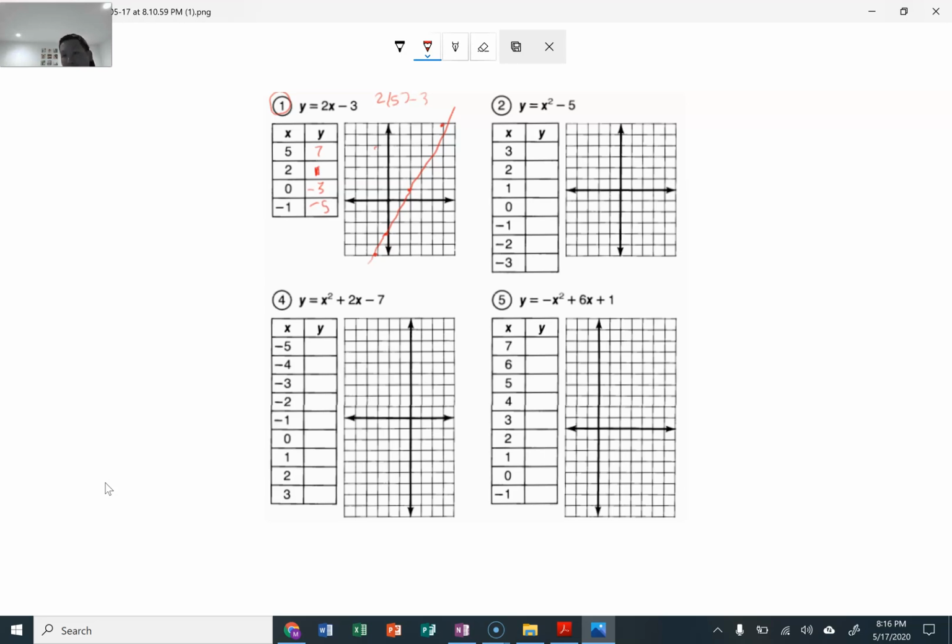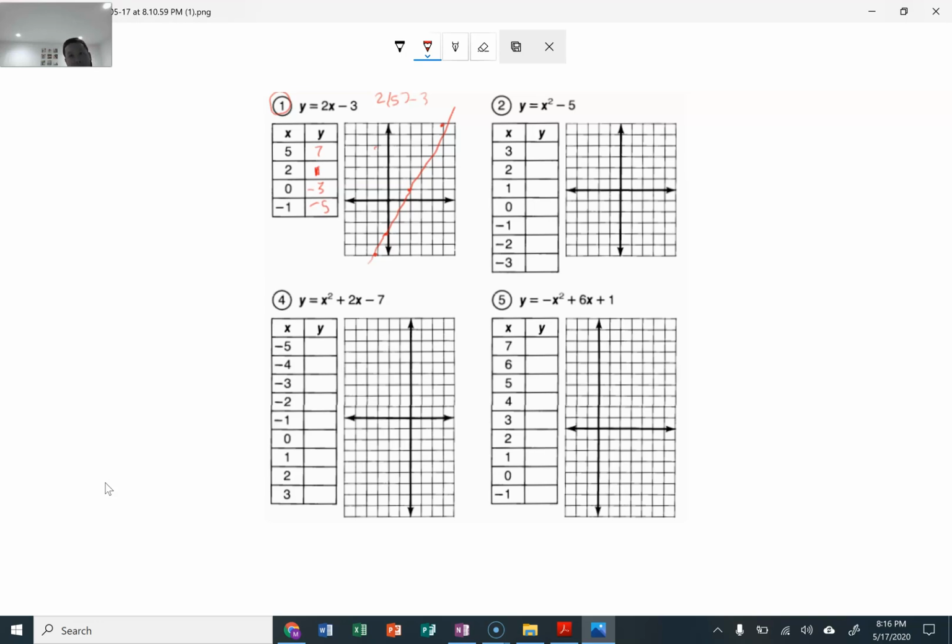However, if you jump to a problem like number 5, when you put the numbers into the calculator, you're going to notice some curvature. I'm going to do one so you know how to input it into your calculator correctly.